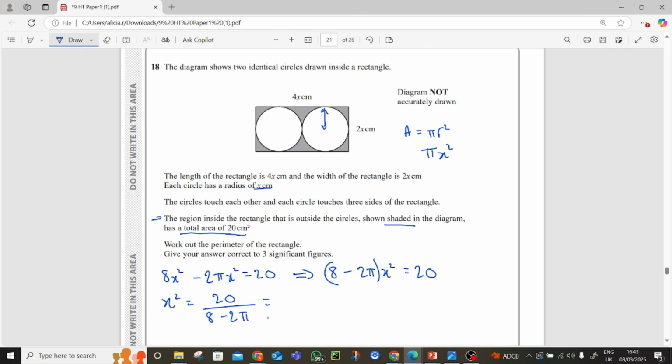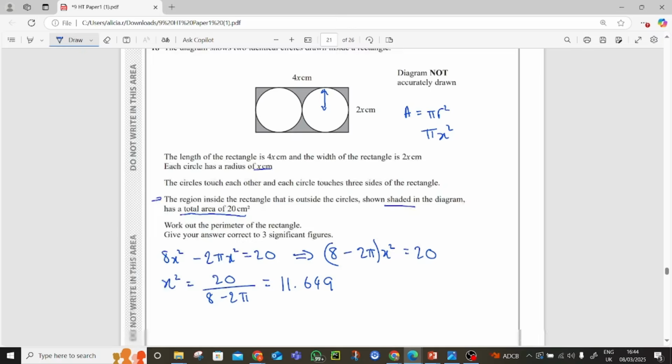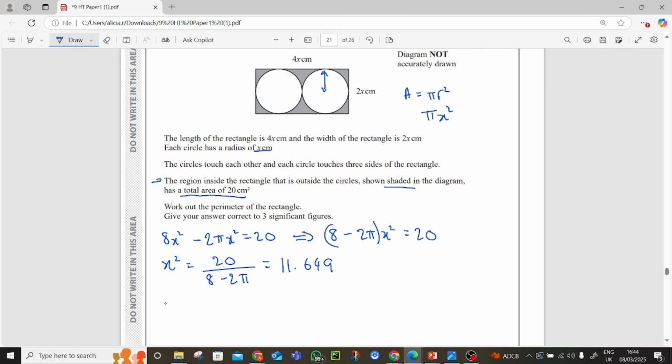And that whole thing can just be typed into your calculator and you will get 11.649. Now this is x squared, not x. So what I'm actually going to do is take the square root to work out what x is. And the square root of 11.649 is 3.413.